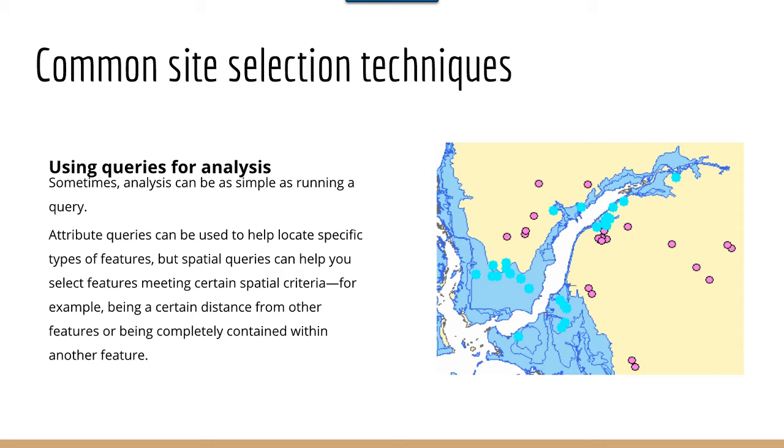So just performing an attribute query or a spatial query or select by location query, it's performing analysis. Granted, it's reasonably basic, rudimentary analysis, but it doesn't mean it doesn't provide very useful information. And it's more common than doing really complex analyses.